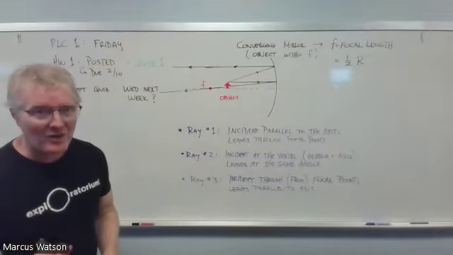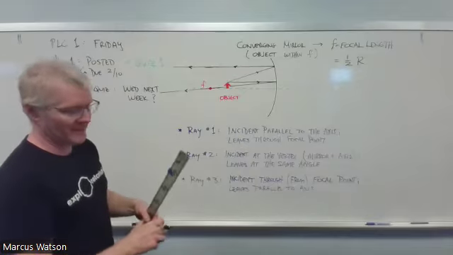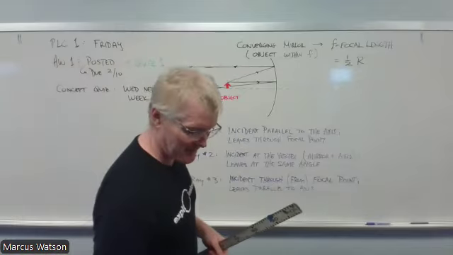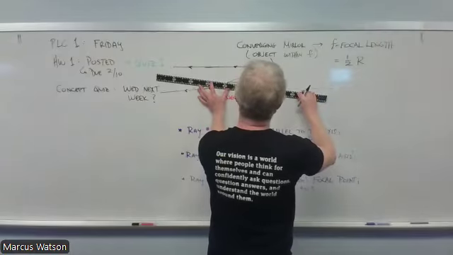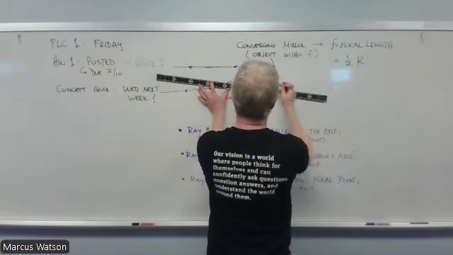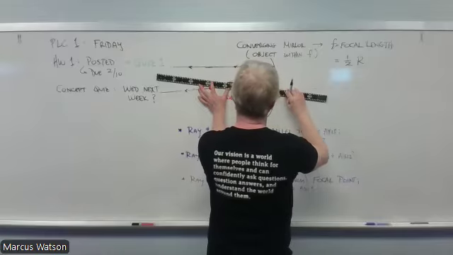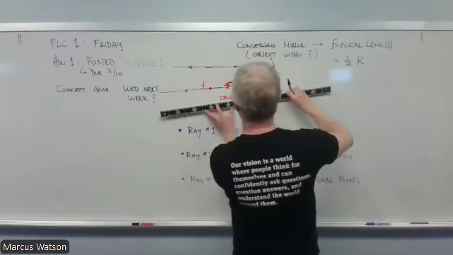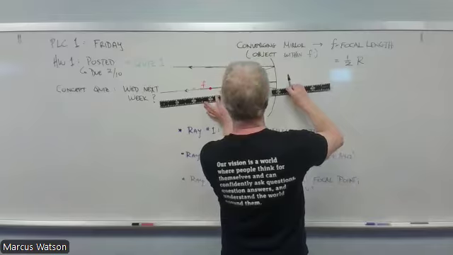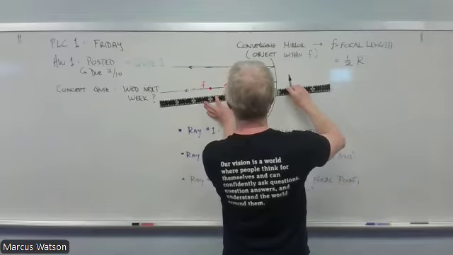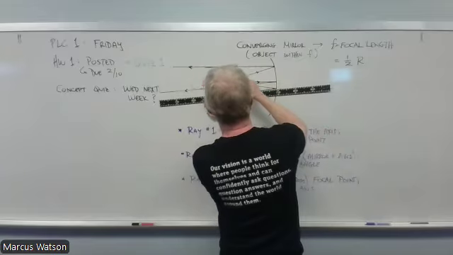I'll go back now and sketch in ray number 2 just to see if we can get a good set of rays here. Now notice that you don't need all 3 of these every single time. So let's do one here, like about there. Whoops.